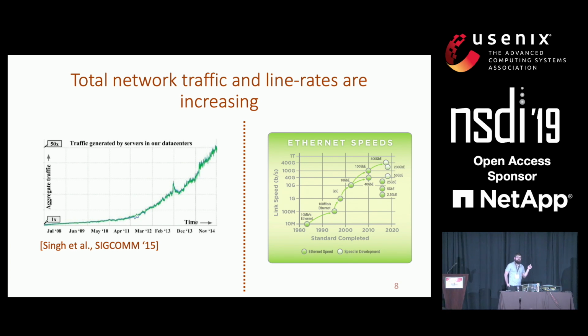So the figure on the left is traffic in Google's data center network. The figure here on the right is standardized Ethernet speeds. It's important to note that 200 and 400 gigabit Ethernet have already been standardized and are becoming available in Ethernet NICs today.